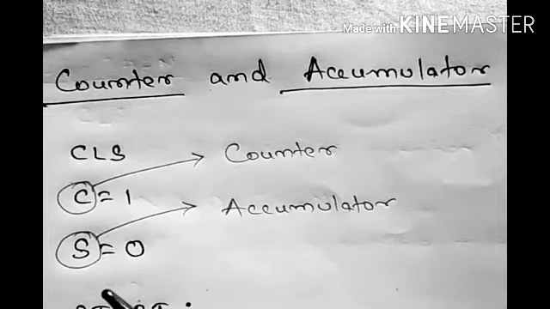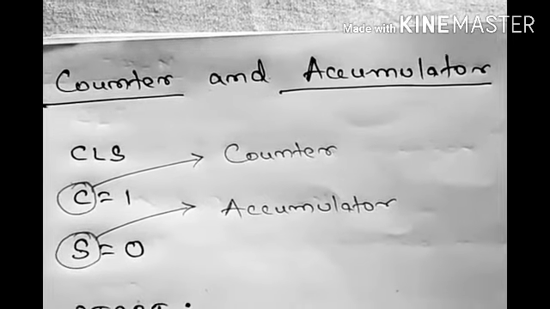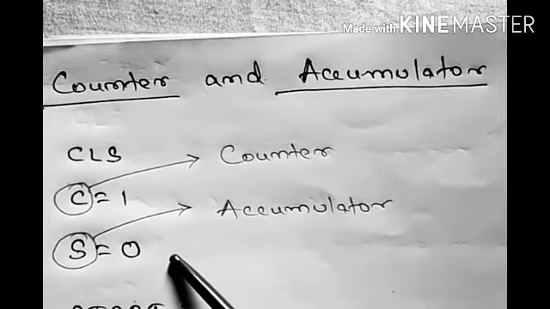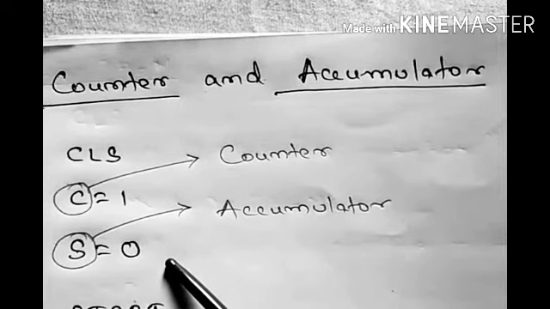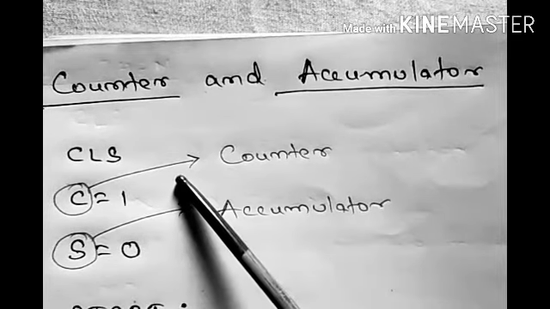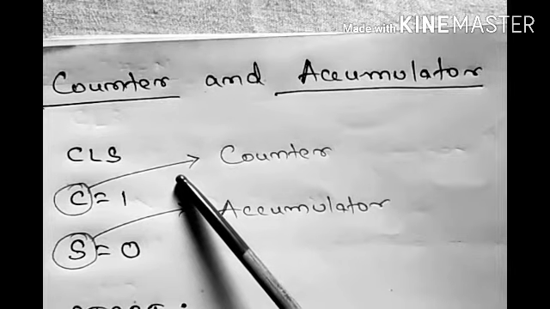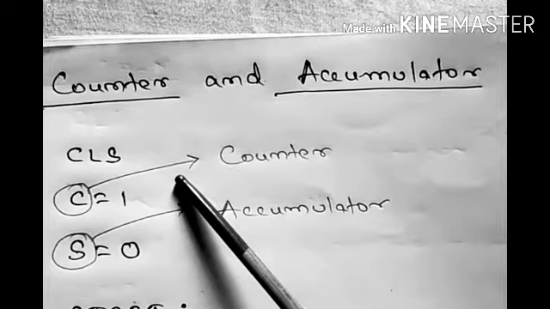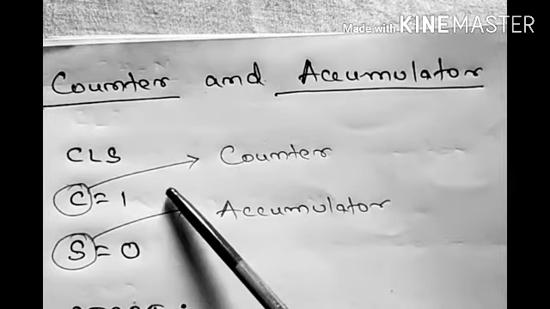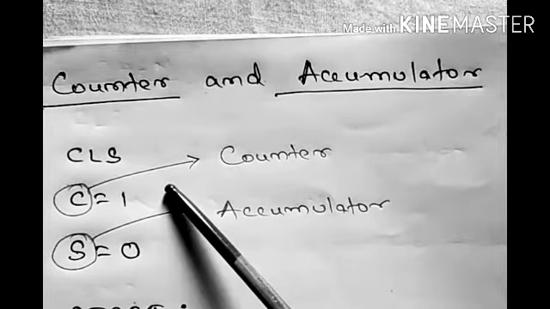So accumulator can be initialized with any numeric value also, with any text value also, but counter should always be numeric because counter is counting something and count means number, so it should be initialized with 1 and it should be a numeric variable only.